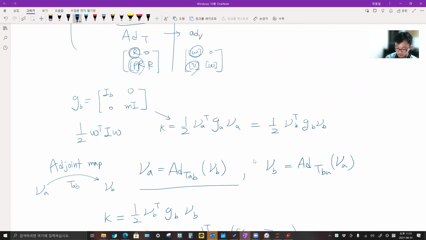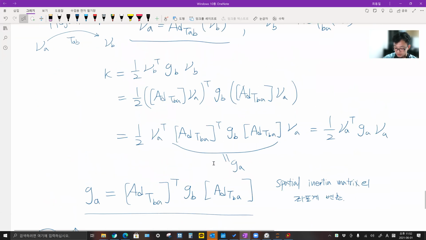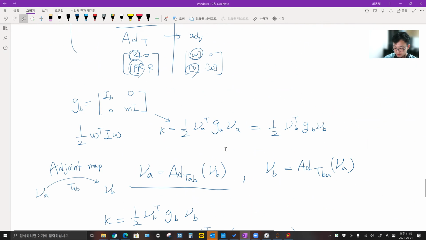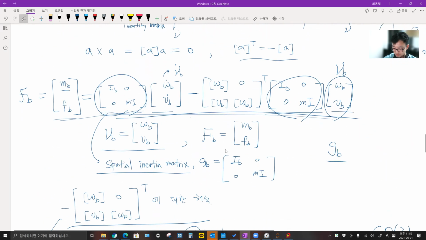So using the adjoint, we can convert the twist from S frame to B frame. Similarly, if there is A frame and B frame, there is this kind of relationship. So using this relationship, we can convert the G matrix, which is the spatial inertia matrix.